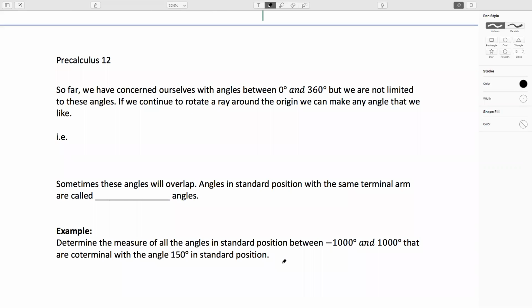So far, we've concerned ourselves with angles between 0 and 360, but we're not limited to these angles. If we continue to rotate the ray around the origin, we can make any angle that we like. For example, let's say that we have a ray that goes around twice. So I'll show you the ray. It's going to go around once.